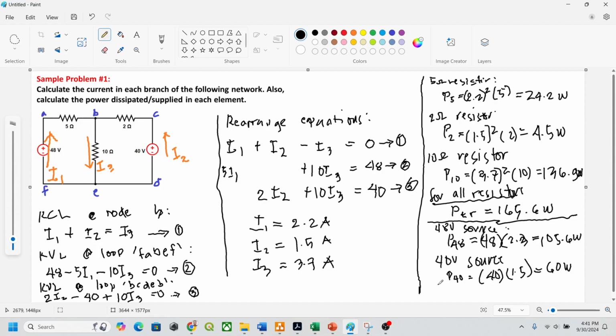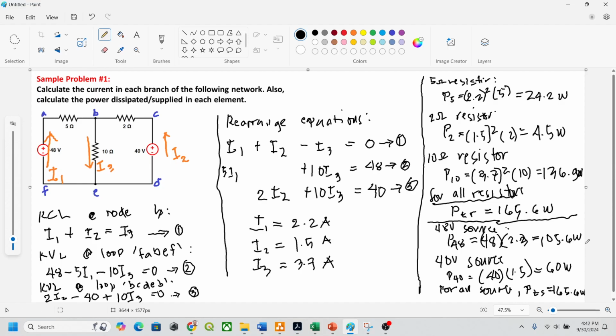Now, for all sources, we call it PTS. If we take the sum of the power supplied by your 48 volt generator and your 40 volt generator, it is 105.6 plus 60, so that's basically 165.6 watts.